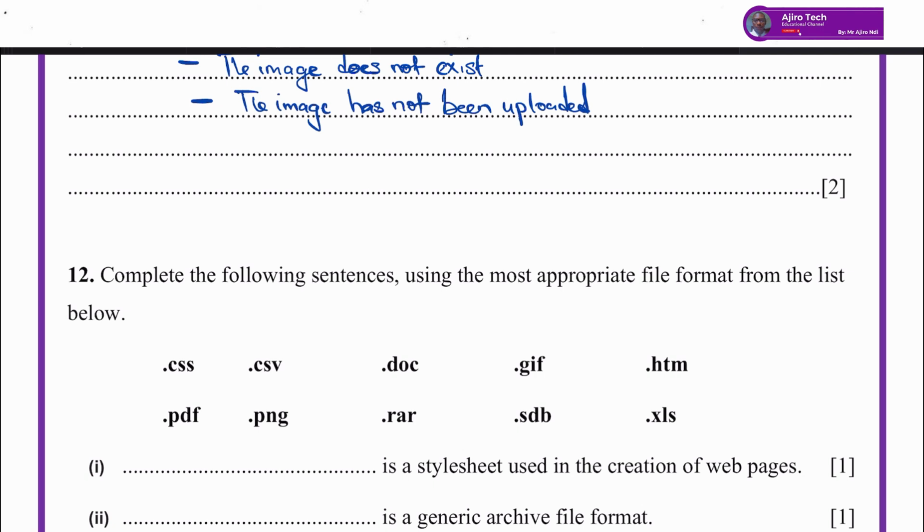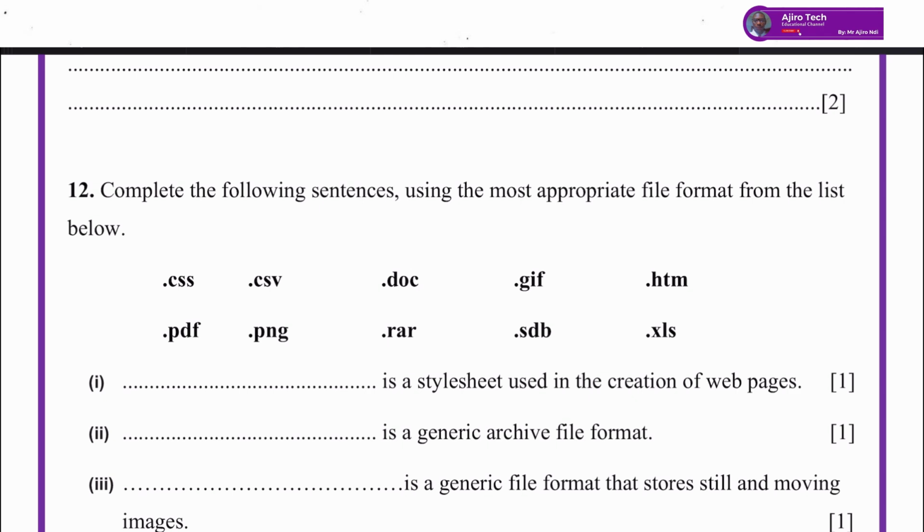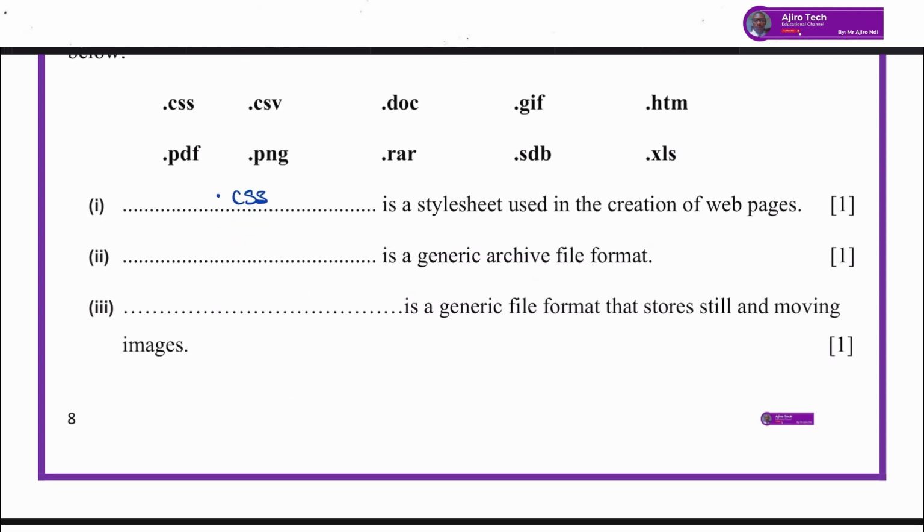Complete the following sentences using the most appropriate file format from the list below. Dash is a style sheet used in the creation of a web page. So the style sheet used in the creation of a web page is .css. Dash is a generic archive file format.